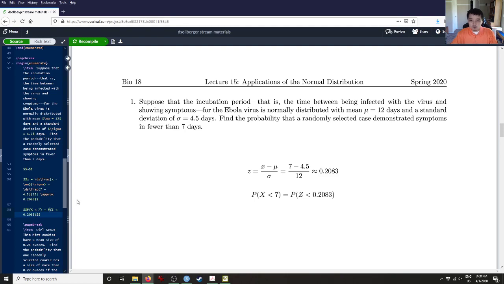And chat is informing me that I have a typo, so I thank chat for that. Let me fix that. I switched the 12 and 4.5.